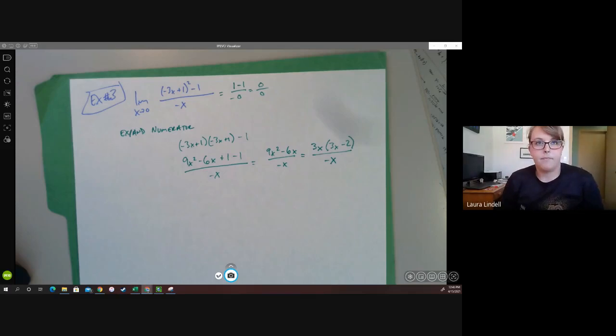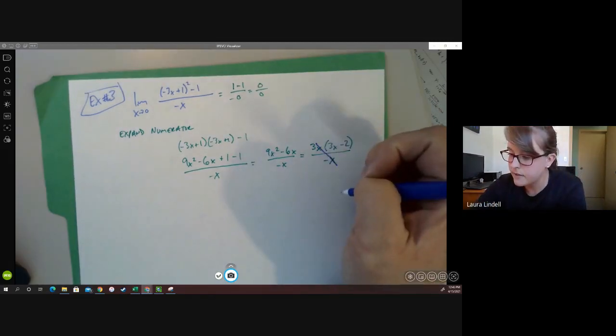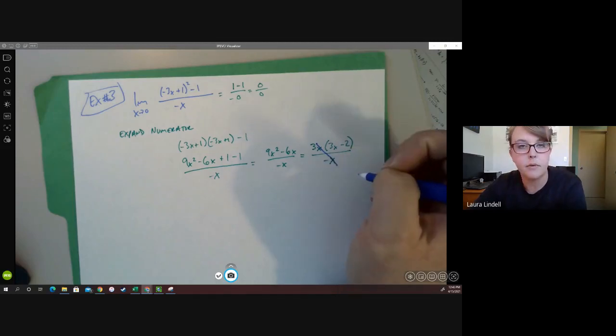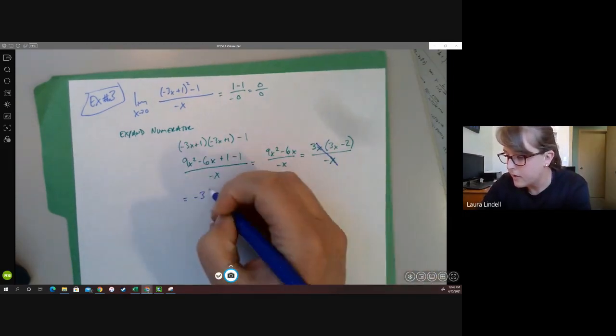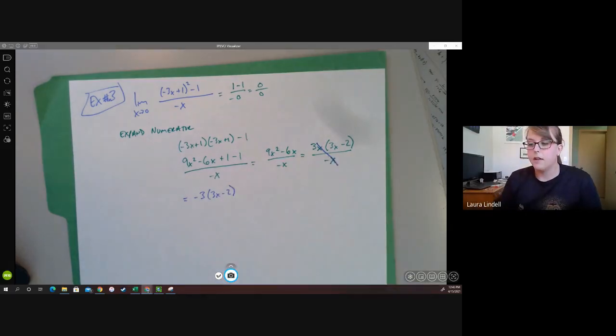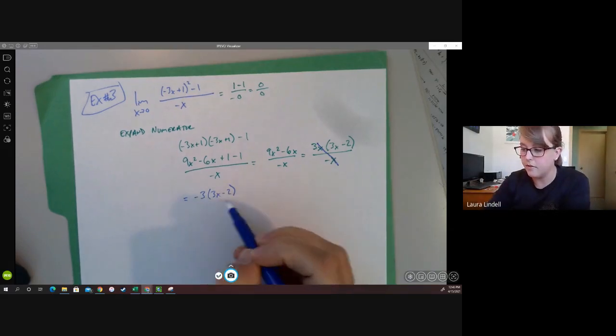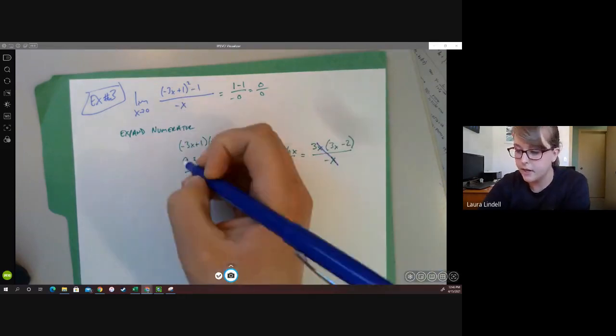And now something really nice happens. We have an x on the top and we have an x on the bottom that we can cancel. We still have that negative sign, so we want to keep track of that. But this is equal to negative 3 times 3x minus 2. And now we can take the limit of this, since this expression is equivalent to this one, because we just expanded that.